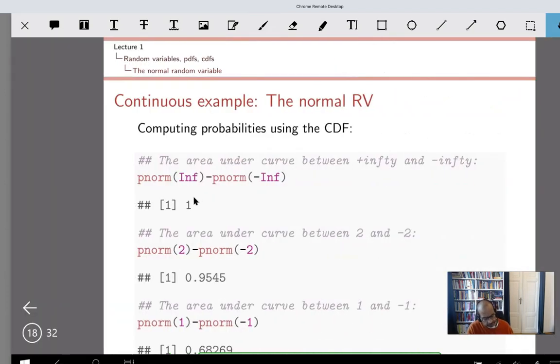All right. So I can also use the cumulative distribution function built in R to ask questions about the area under the curve for the normal random variable, right? So I can now ask a question like, if I have a normal random variable with some mean and some standard deviation, notice that the x values can range from -infinity to +infinity, right?